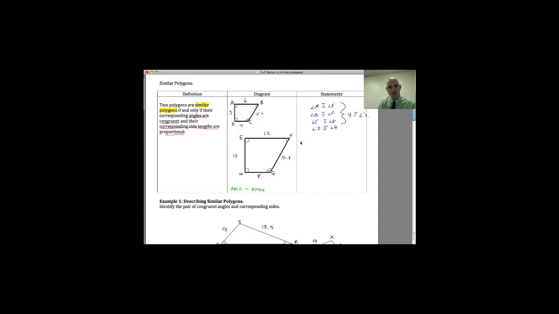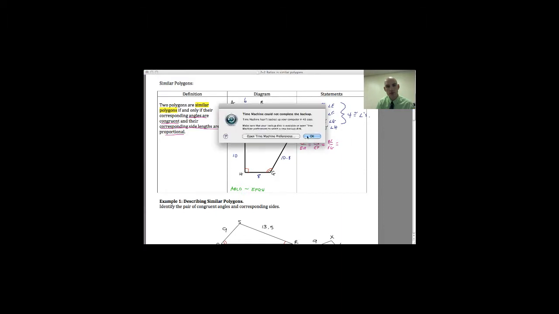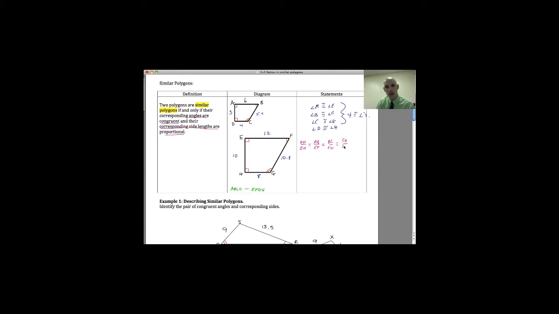So, if we put AD over EH, we want to test to see if that's equal to AB over EF, and we want to see if that's equal to BC over FG, and is that equal to CD over GH.